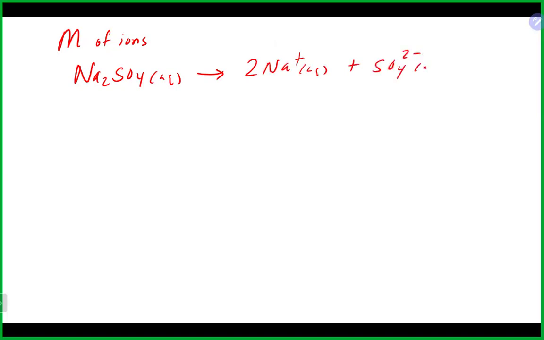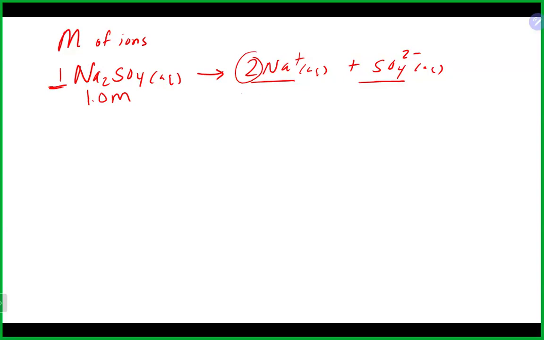And the quick way, if you were interested in just the concentration or molarity of the ions present, and you knew the molarity of the whole compound, which we'll say is 1 molar here, is to treat it like a mole-to-mole relationship. For every 1 mole of the whole thing, we get 2 moles of sodium in this case.